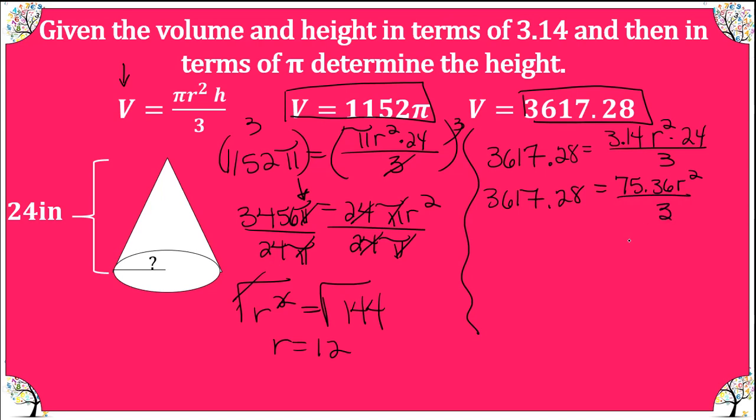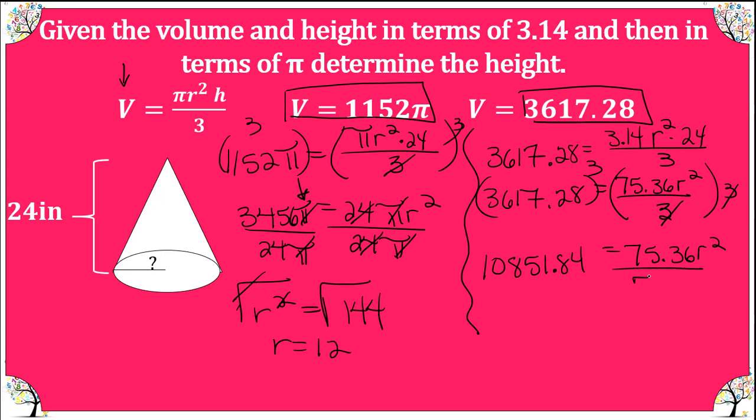Now I'm solving for R. Multiply by 3. We get 10,851 and 84 hundredths.